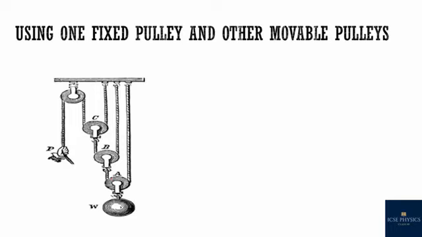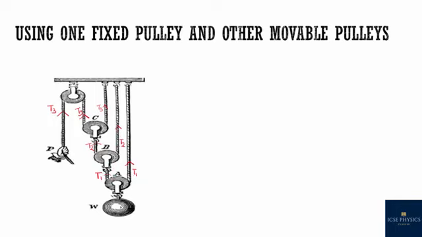Now let's see this using one fixed pulley and several movable pulleys. In this case, let's calculate the load again. Let's see this diagram carefully. Here the weight is balanced by tensional forces, T1 and the same T1 acting here.